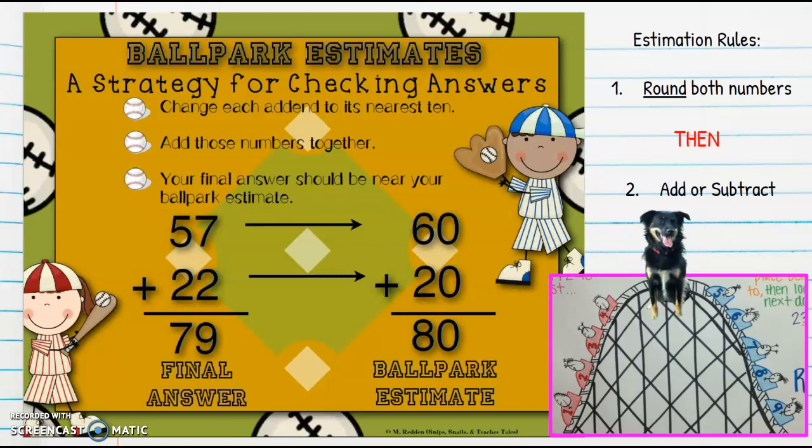After you round both numbers, then you are going to add them or subtract them. The problem will tell you whether you're adding or subtracting. As you can see on this example right here, they are adding. So remember, first you are going to round both numbers, and then you are going to add or subtract. And don't forget about that rounding.